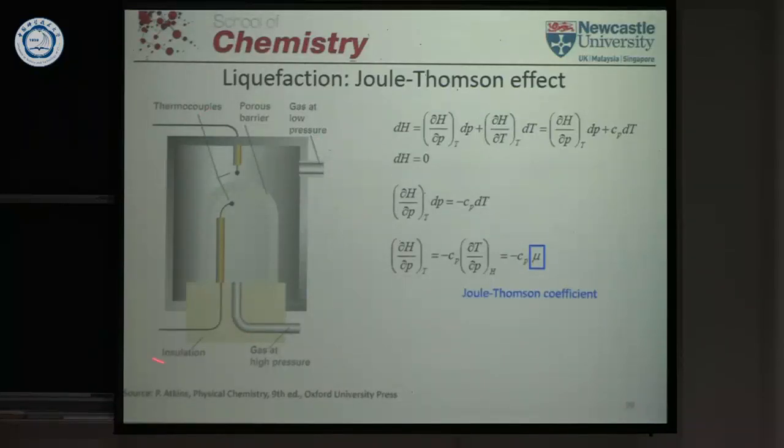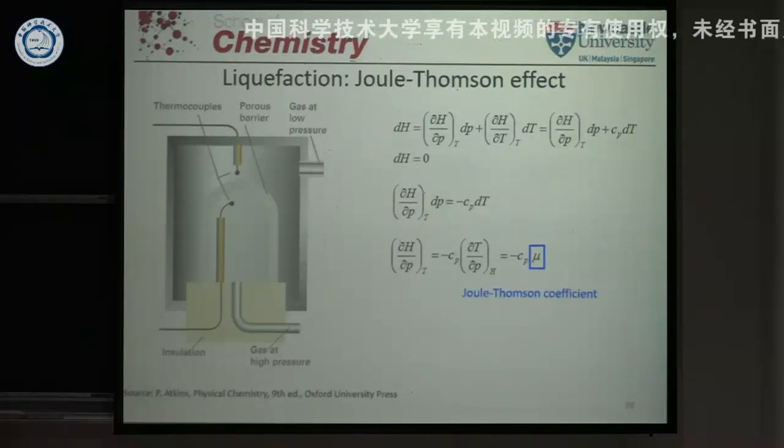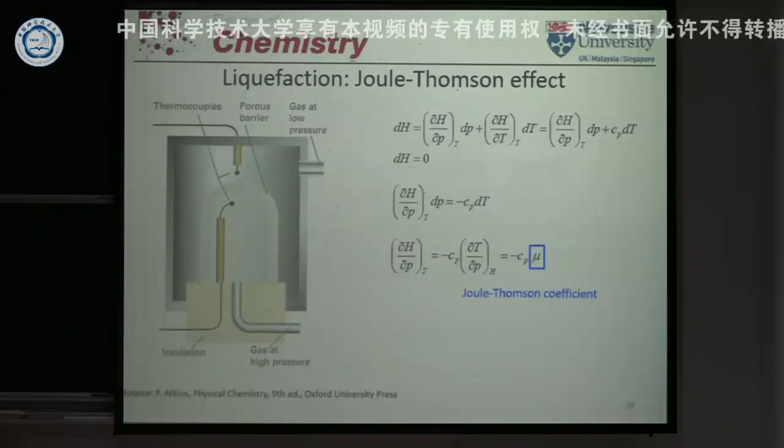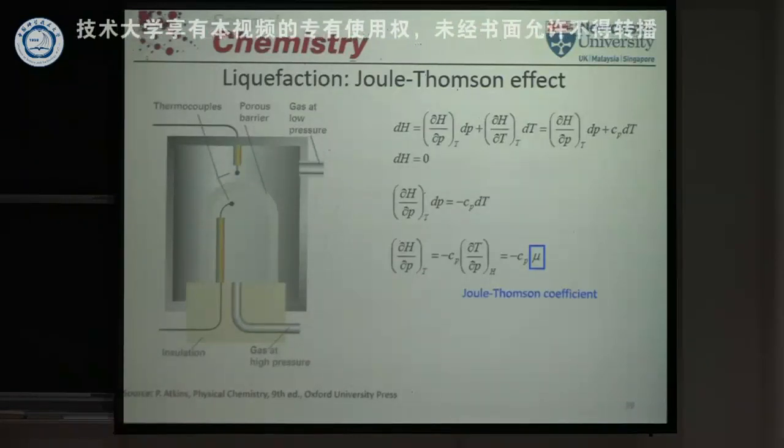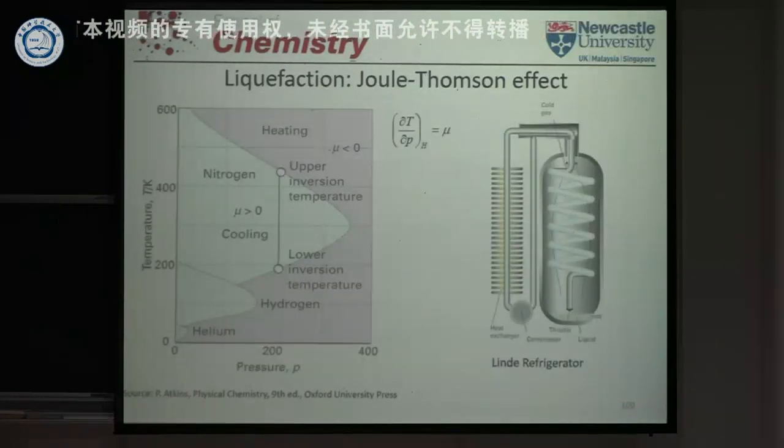Here you see the gas at high pressure. Here you see the expansion, and then you have a porous barrier to get the gas at low pressure out of it. So this is a process that is very well developed on an industrial scale.